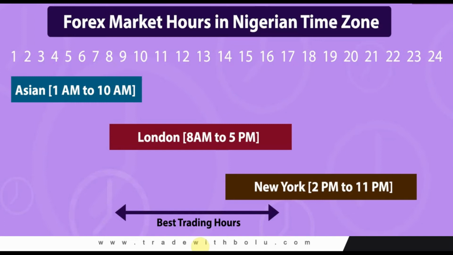Then the third one is the New York session, which is open between 2 p.m. to 11 p.m. That is when you see countries based around New York, like America, have their foreign exchange market open between 2 p.m. to 11 p.m. Nigerian time. So just write that down somewhere.